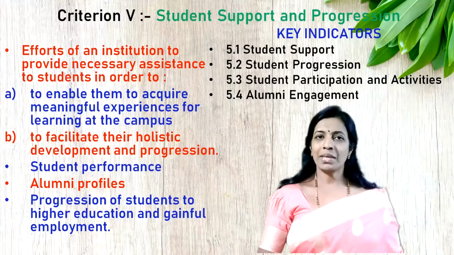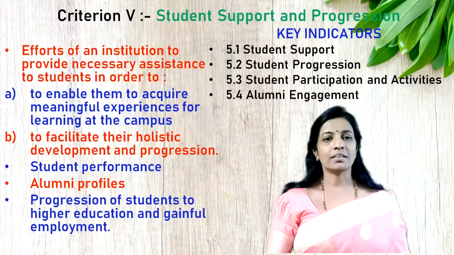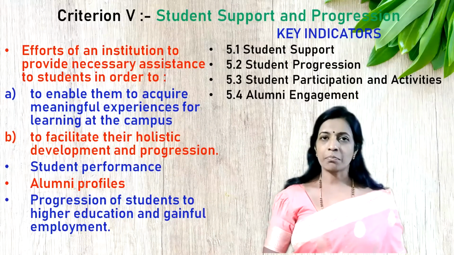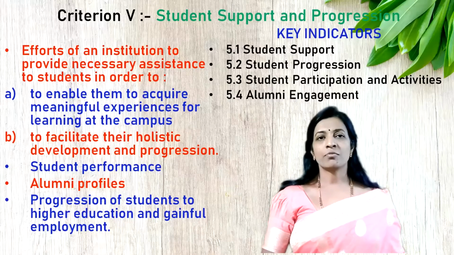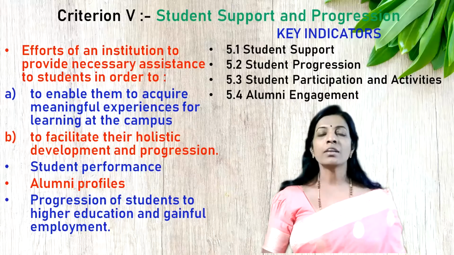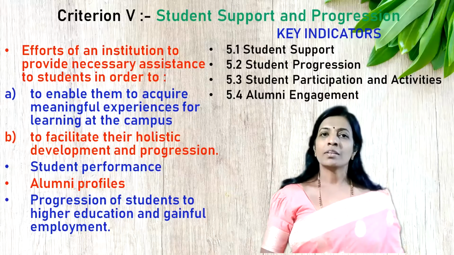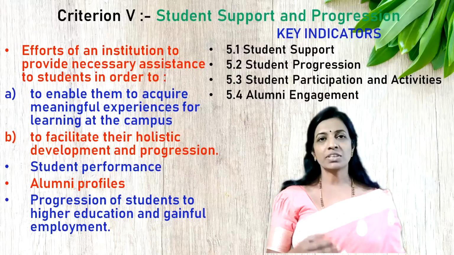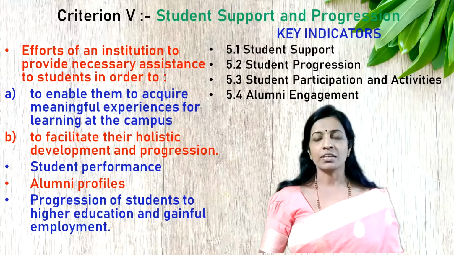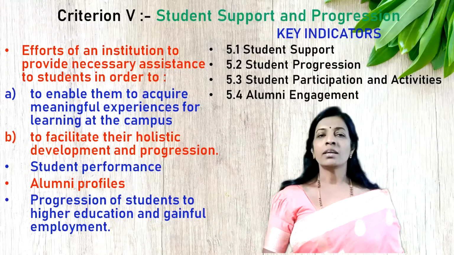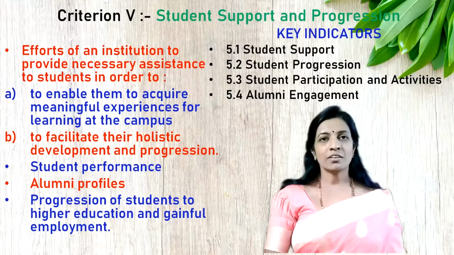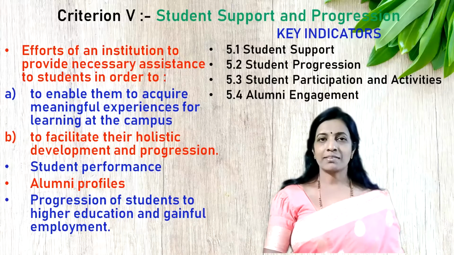There are four main key indicators under the fifth criteria, student support and progression. Student support is the key indicator which focuses on the various support systems available in the higher education institution for the students, especially cells such as the student guidance and counseling cell or the placement cell.